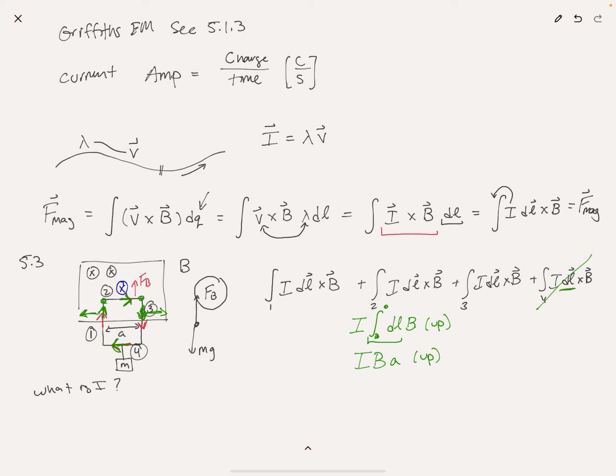Those magnetic fields are the same, and therefore the forces are pointed in opposite directions but with equal magnitudes, and they cancel out. For every force felt on side 1, it cancels out with side 3.